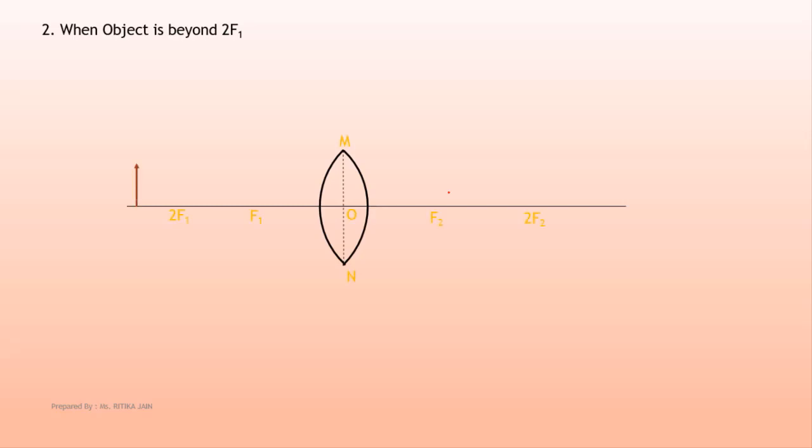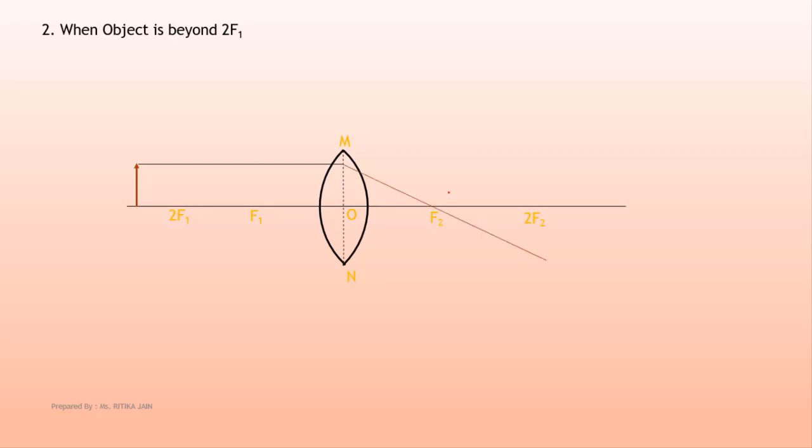Second case, when object is beyond 2f1. The cases will remain same, children, which we have studied for concave mirror, but here we will be discussing for convex lens. A parallel beam of light strikes the lens.